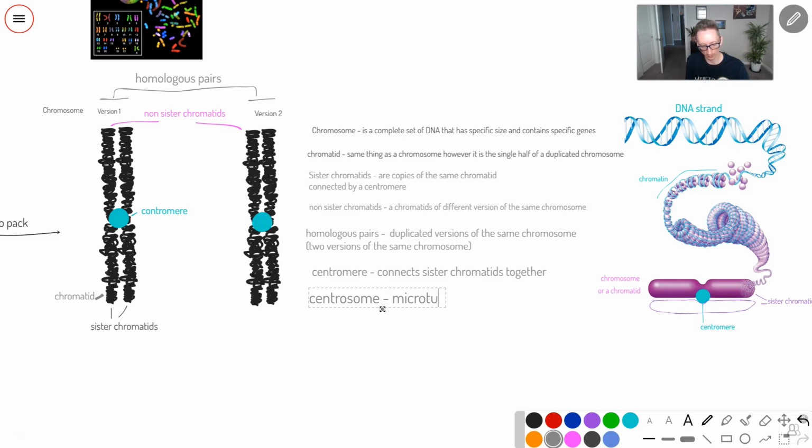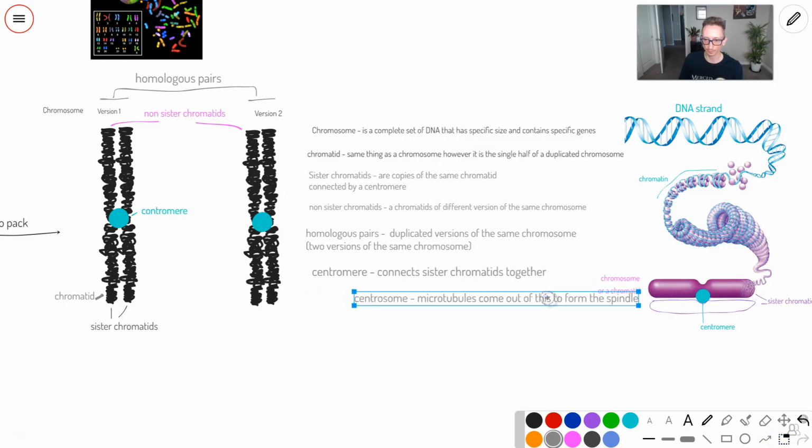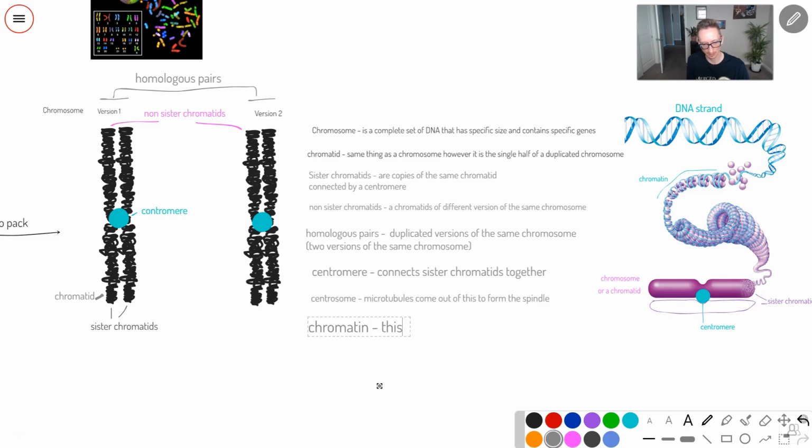Microtubules come out of this to form the spindle. Don't confuse centromere and centrosome. And the centrosome is made out of 2 centrioles. I know. Okay, and last but not least, this one's easy. Chromatin. This is DNA wrapped around protein, specifically histones. Okay, so that's chromatin.